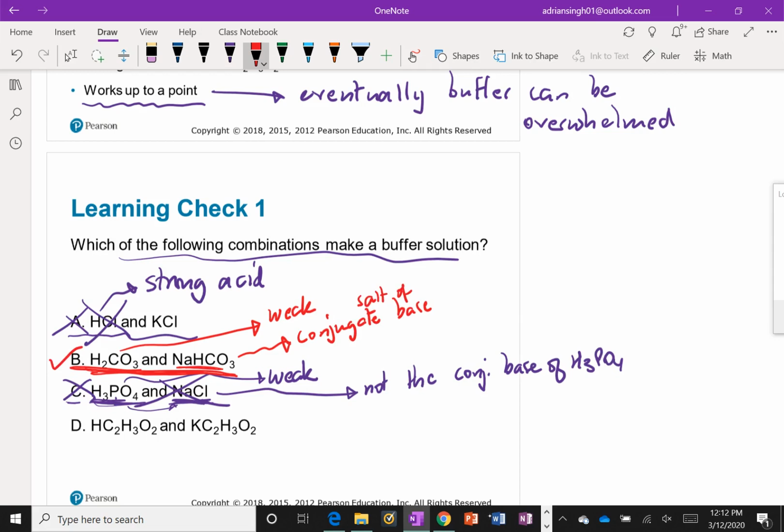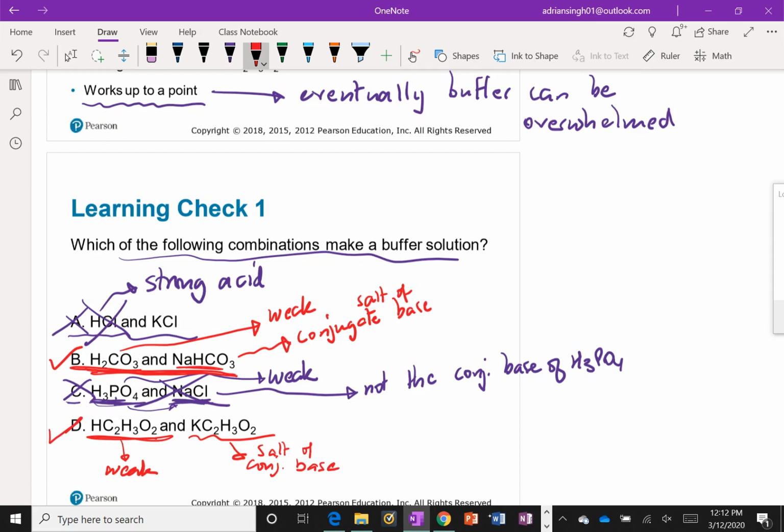If we look at D, this is acetic acid, which is also weak. And then this here is the conjugate base of acetic acid as well. Specifically, it's the salt of the conjugate base. So this can act as a buffer system as well.